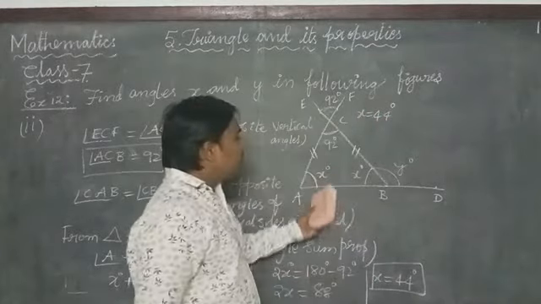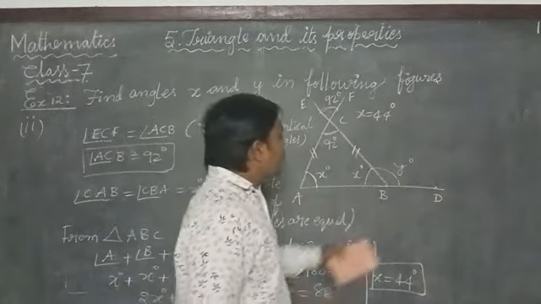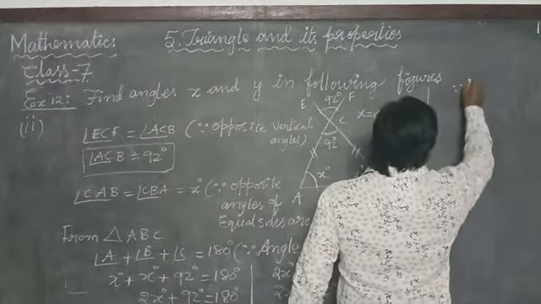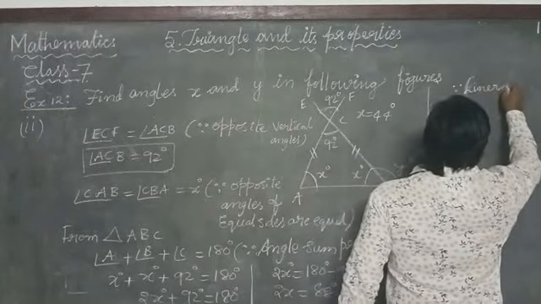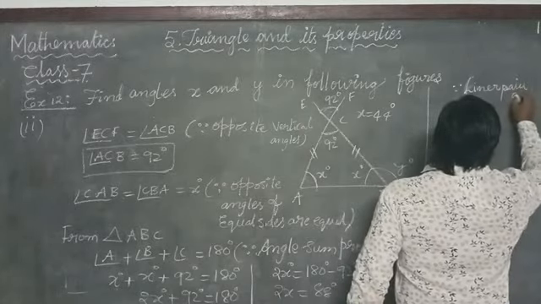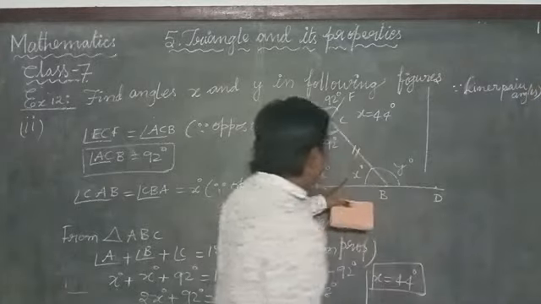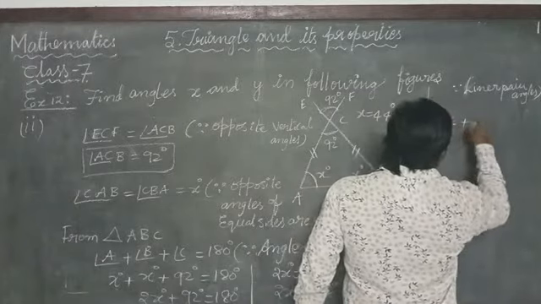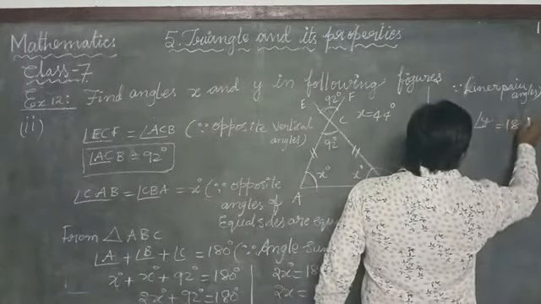After finding the x value we can find the y value very easily. From linear pair of angles, we can write angle x plus angle y equals 180 degrees.